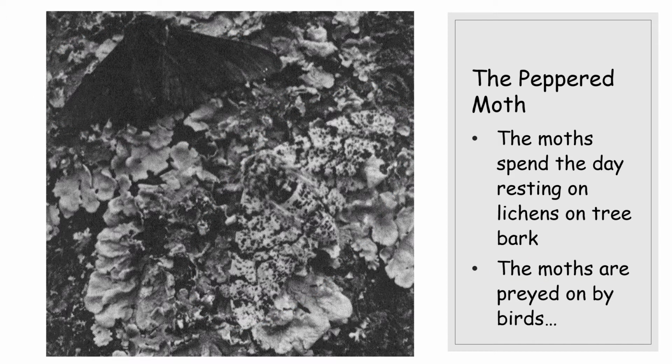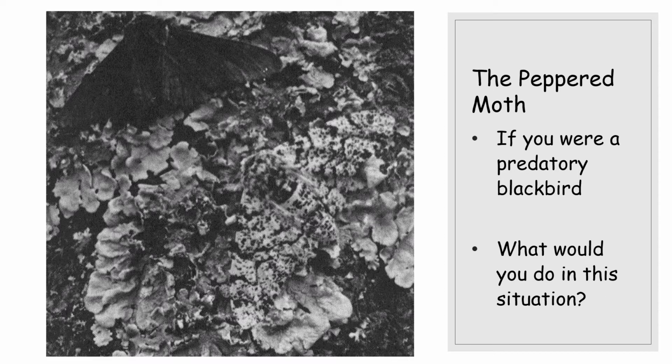So the peppered moths normally spend their day resting on the lichens on tree bark, or barks of trees similar to the silver birch that we have out in our playgrounds. So the moths are preyed on by birds. So if you were a predatory blackbird looking for some moths to eat, what do you think you would do in this situation? Which is the easiest of those two moths to find and eat?